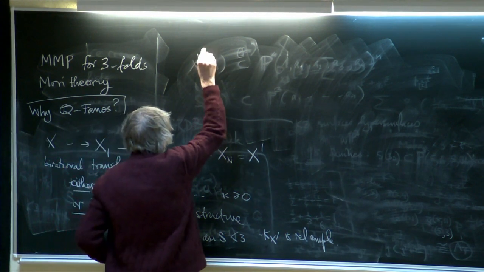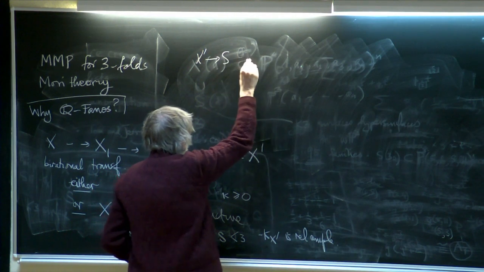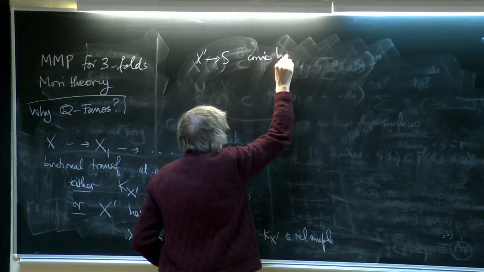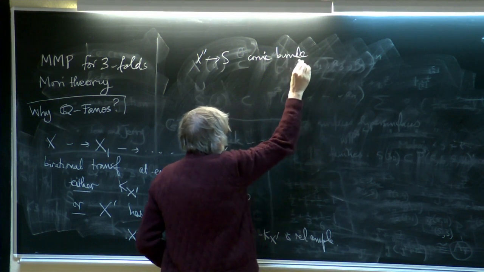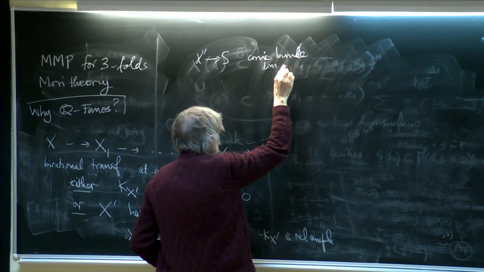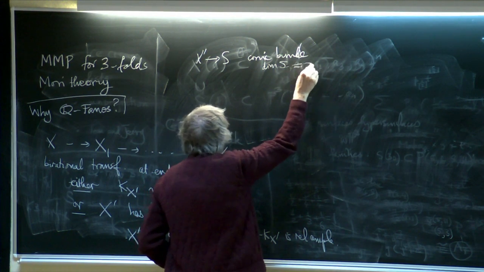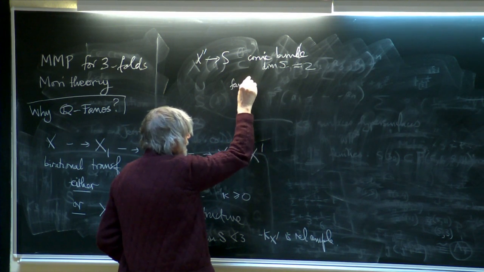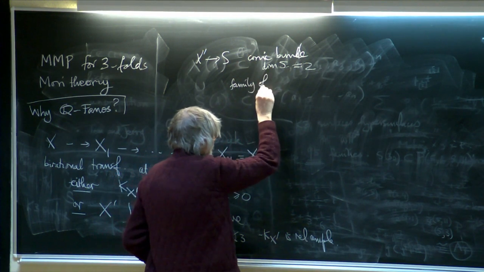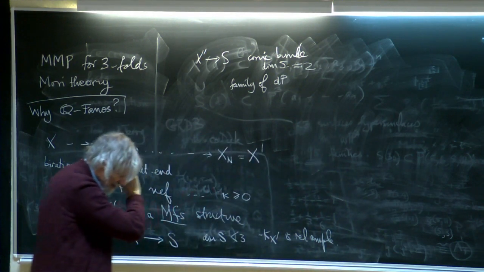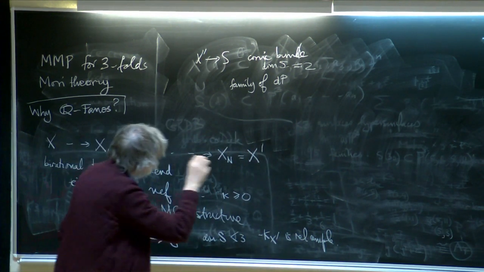And so X' to S is a conic bundle if dimension S equals 2, or if dimension S equals 1 it's a family of Del Pezzo surfaces, possibly P2, but possibly some other Del Pezzo surface.